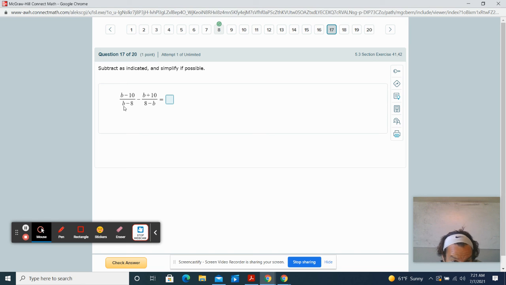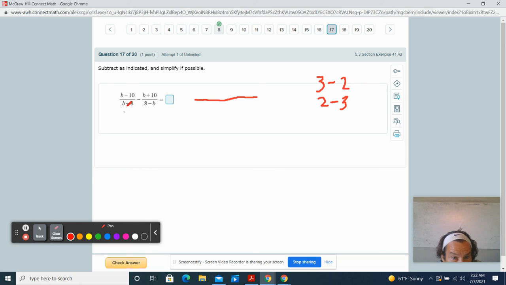They're reverse subtraction problems. If you reverse something and then subtract them, you get the opposite, doesn't matter what the numbers are. 3 minus 2 is the opposite of 2 minus 3. So when you have opposites, it's actually a little bit easier.